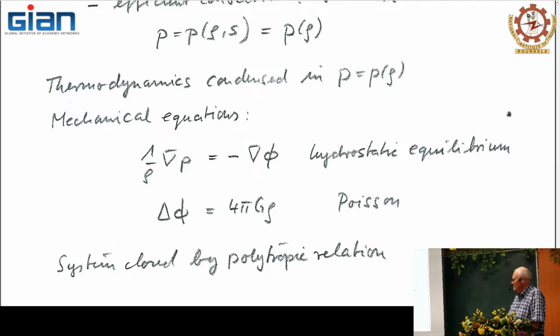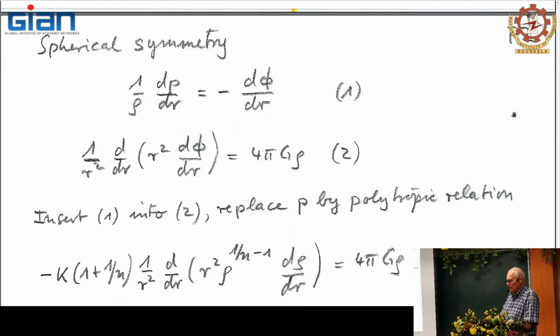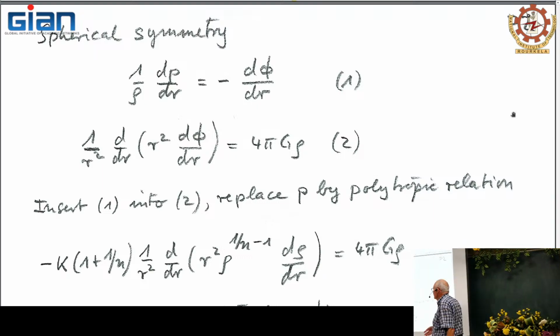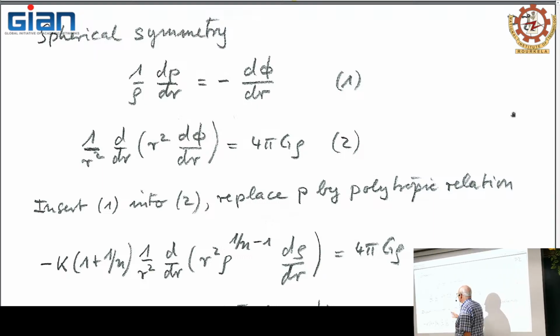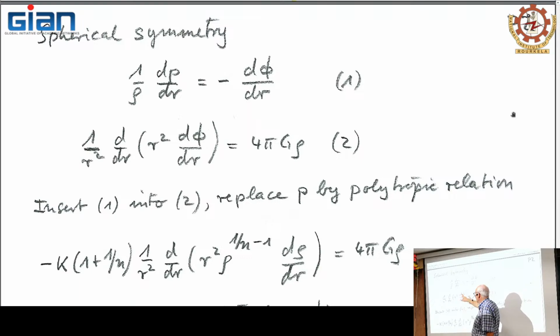Okay, so we first introduce, of course, spherical symmetry. Our star is spherically symmetric, so the radial version of the gradient of the pressure and the gradient of the potential is given by 1 over rho times the gradient of the pressure equals minus the gradient of the potential.